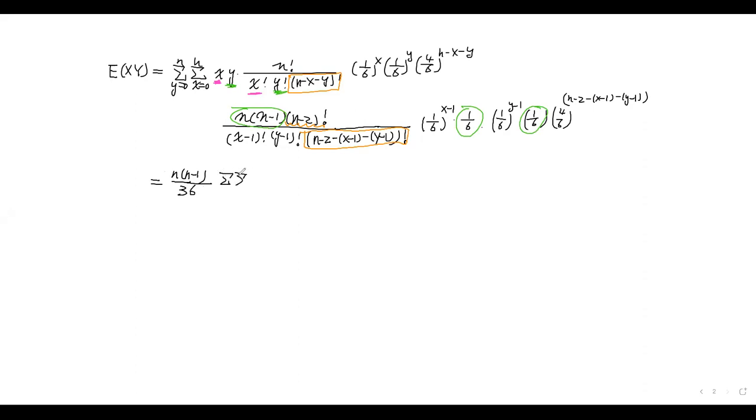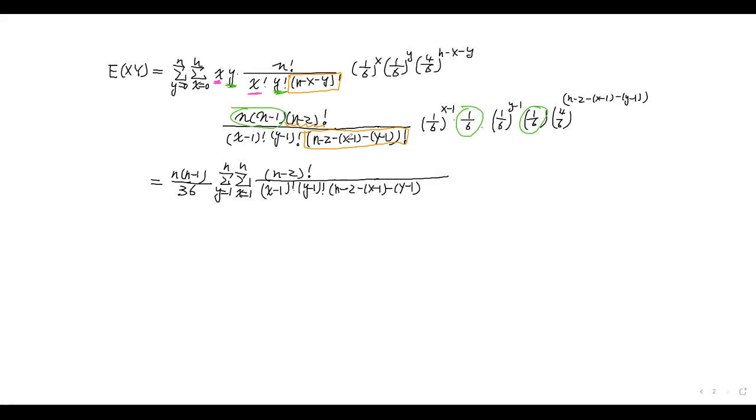Now I can rewrite the sum since it starts from x minus 1, so x from 1 to n, y from 1 to n. Here I have (n minus 2) factorial over (x minus 1) factorial, (y minus 1) factorial, and then (n minus 2 minus (x minus 1) minus (y minus 1)) factorial.